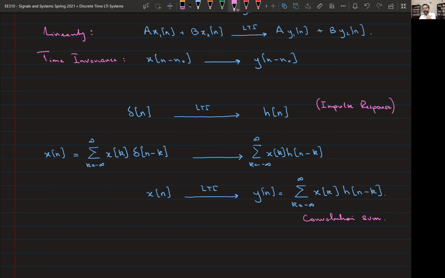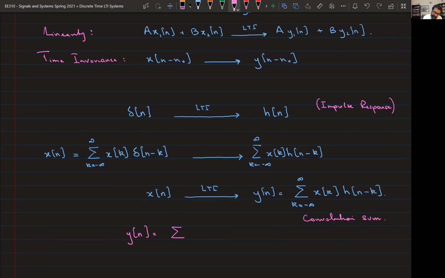And you can draw parallels, you can draw intuition, just like what we did in module 1. What does it exactly mean? This is, once again, like we did in continuous time, scaling and memory. So if there's a memory, past के elements को इतना scale करना है, फिर उसके इतना scale करना है, and you just sum it up. So all of that intuition still applies here as well. Okay, so as a conclusion, the convolution sum is given as this summation.